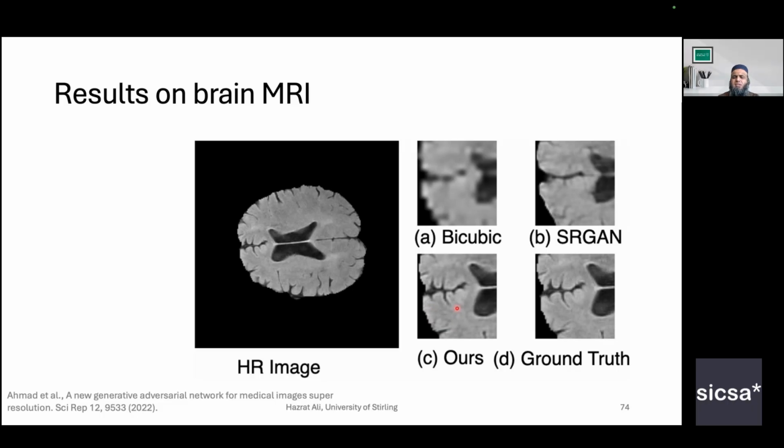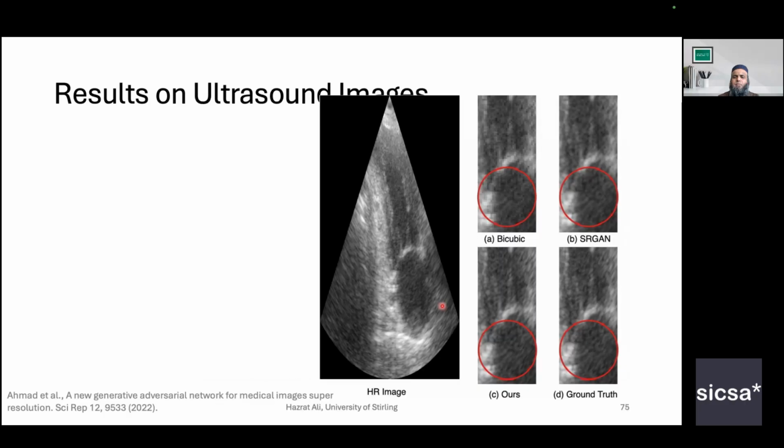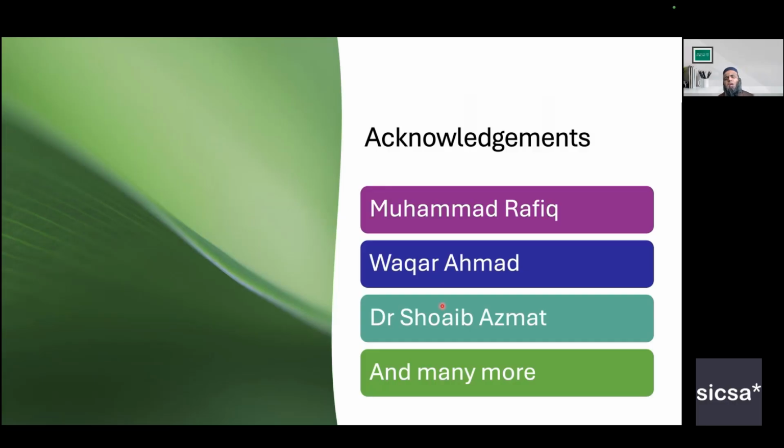It has much more nicely recovered the details of the region. And this one is for ultrasound images, the most challenging one out of the four modalities. We didn't see much improvement actually here. Again, this was worked on with my wonderful colleagues, Rafiq, Wakar, and Dr. Shweb.